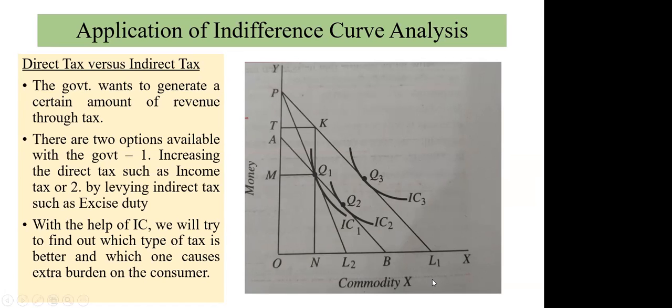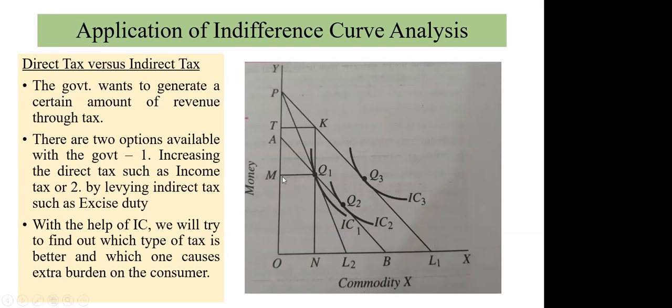At this price line AB, I am at equilibrium at point Q2 and I am at indifference curve IC2, which is lower than the previous IC3 because I have already paid direct tax, so the money income with me will obviously be less. So my satisfaction level is bound to be lower than the previous amount.